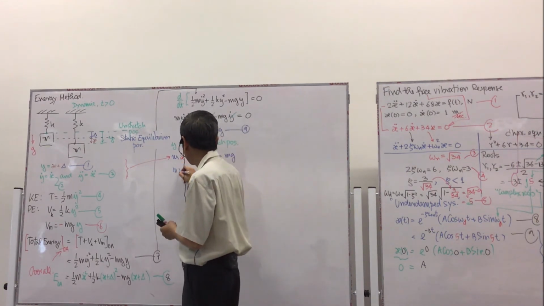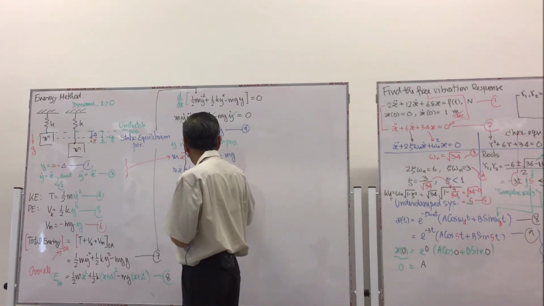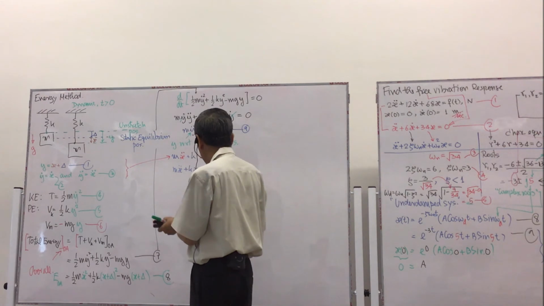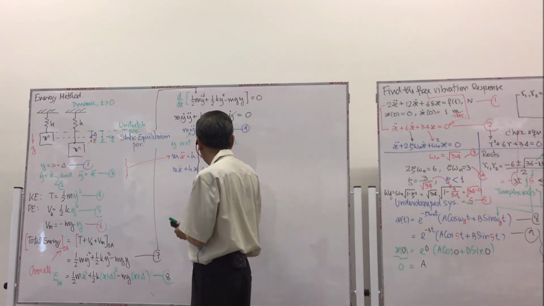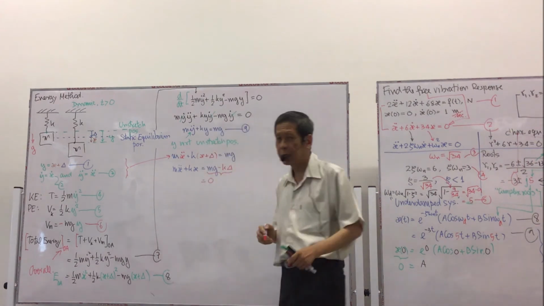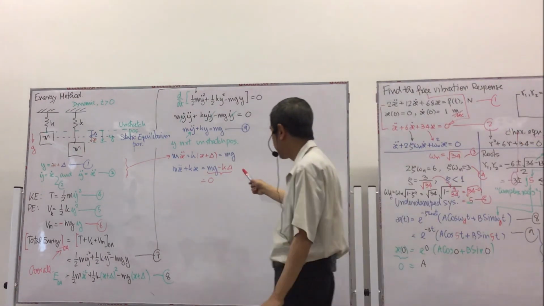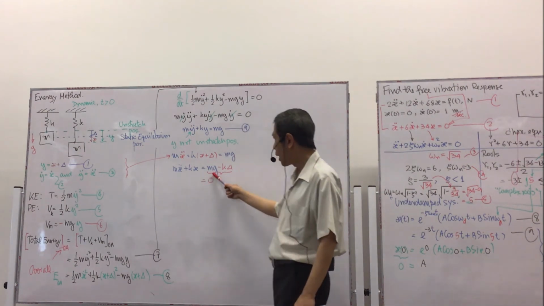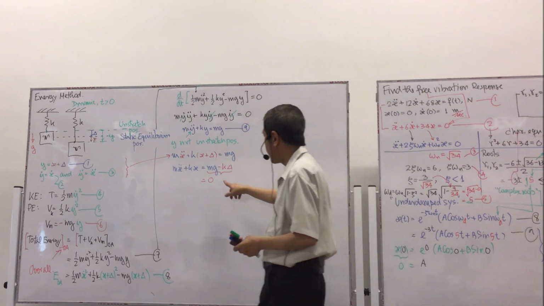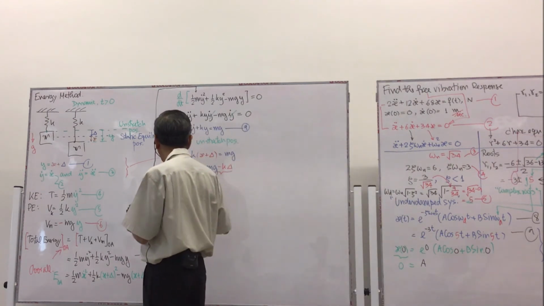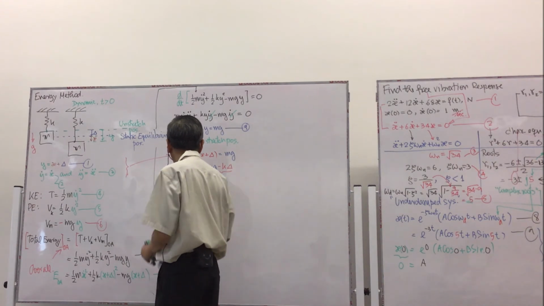Now we have m x double dot plus k x equal to m g minus k delta. This result we have had before. The static deflection force k delta cancels or balances with the body force m g, and this becomes the equation of motion for the free vibration system.